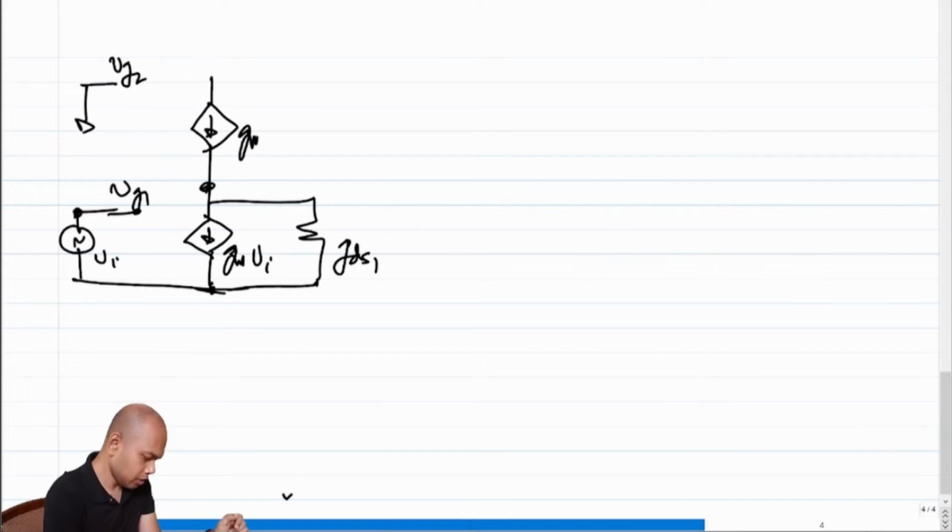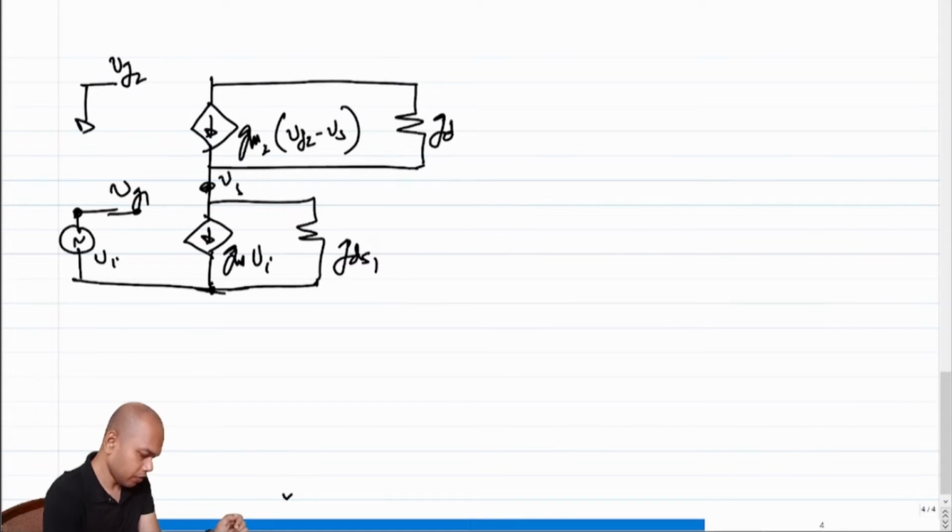So this is GM2 times (VG2 minus Vs), and we have VDS2, and this output is obviously connected to an RL.